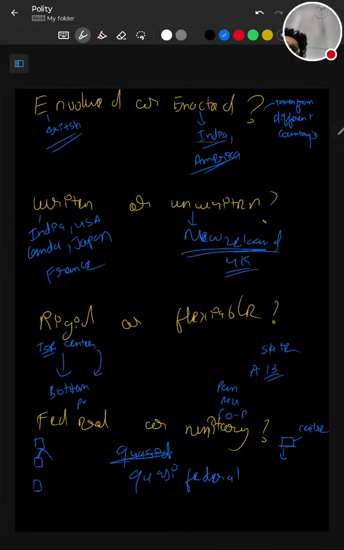The center takes the higher jobs, like defense, airports, and nuclear weapons. The main things which cannot be managed by only one state go to the center. India is a huge country with very diverse culture, so we need a quasi-federal constitution.